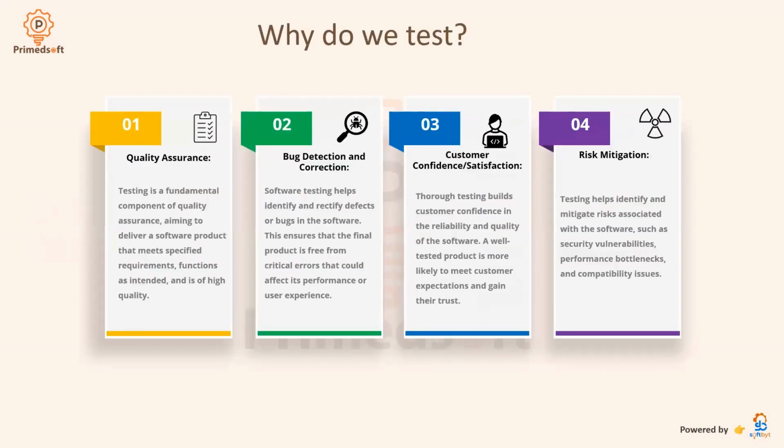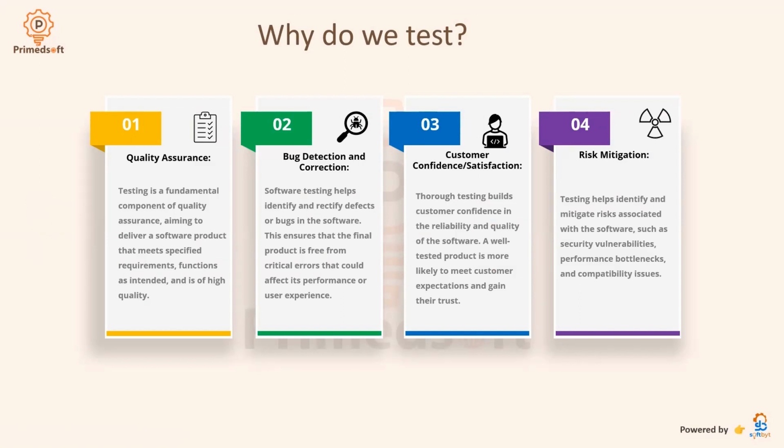So we'll move ahead to why do we test. There are several reasons why we, as software testers, do testing, but I will mention some of the most important ones, which is to ensure quality, for quality assurance.